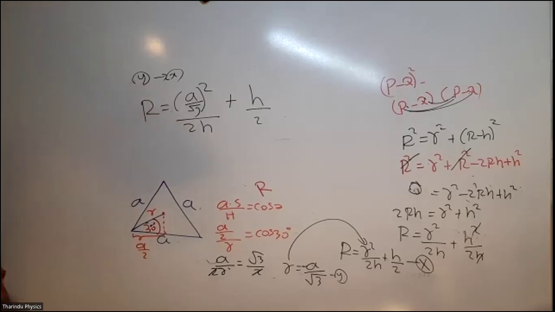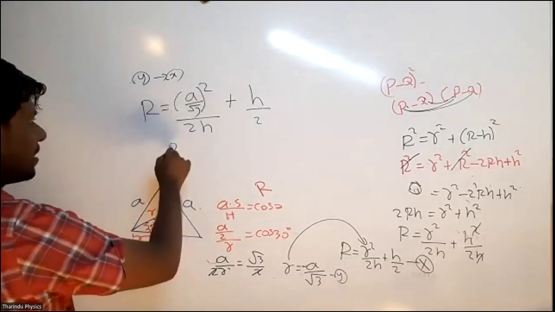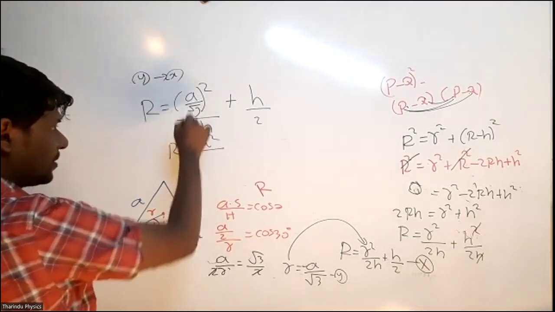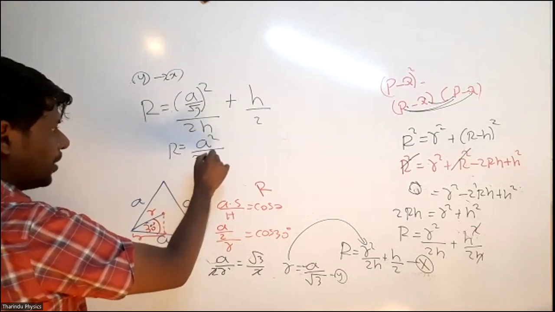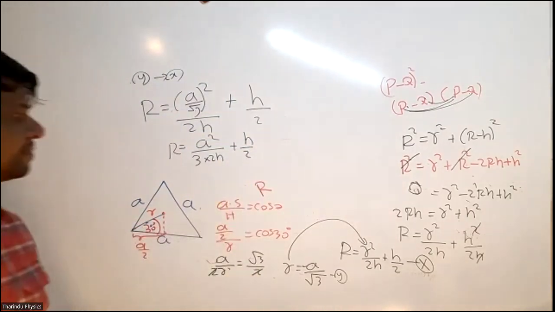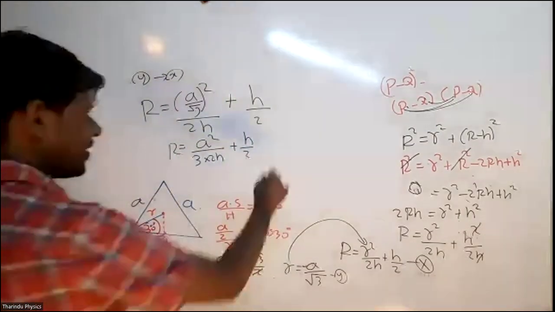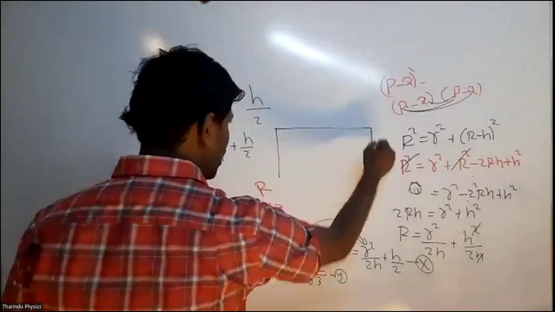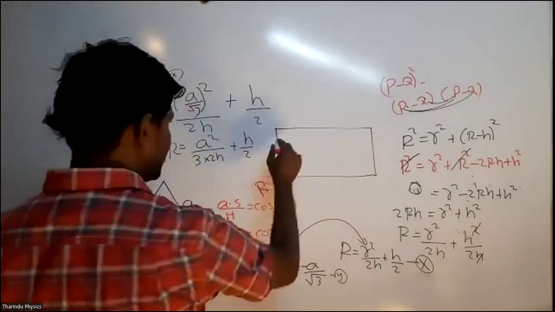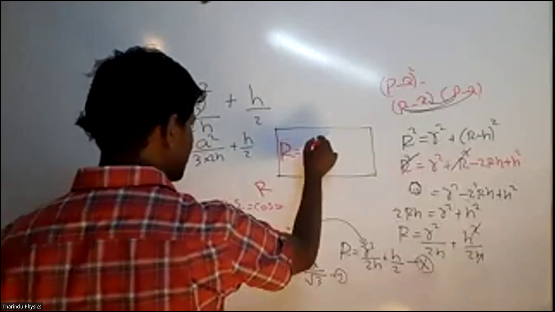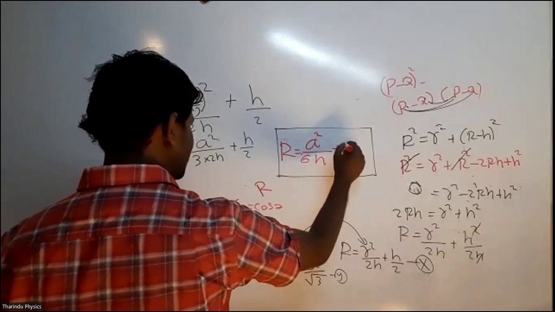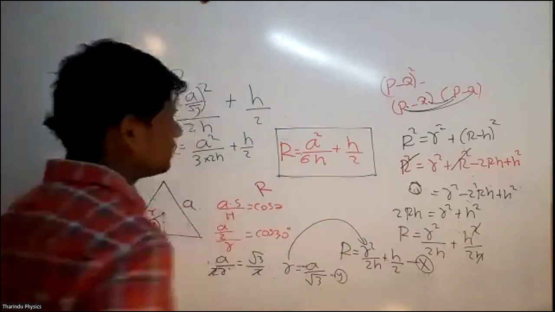When you square it, it becomes R equals a square over this root 3 becomes 3 times 2h, plus h over 2. Now I can just finalize it in a box. So the answer will be R equals a square over 6h plus h over 2.